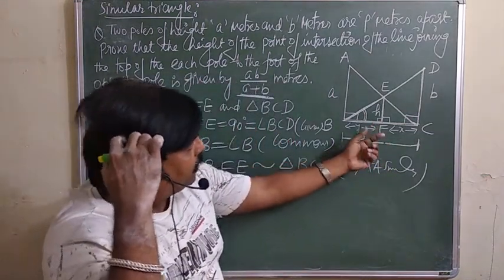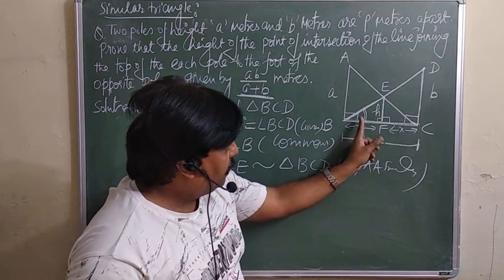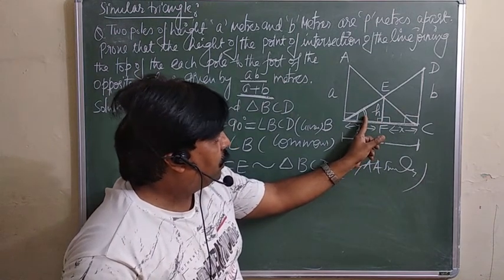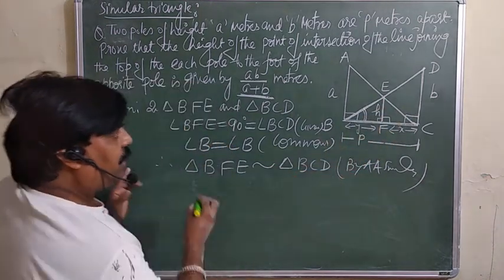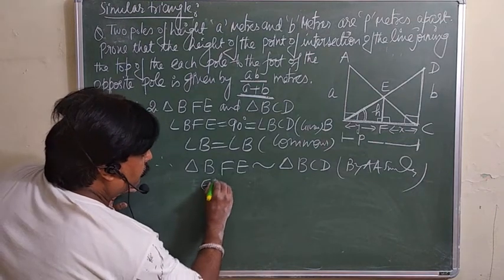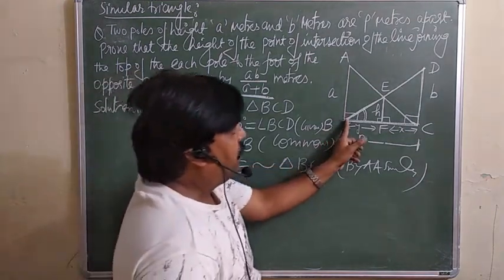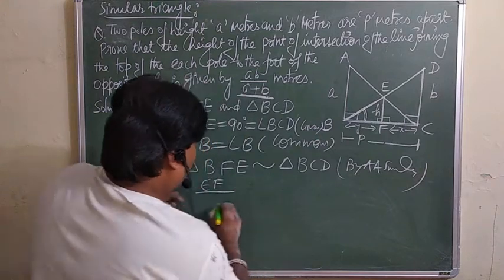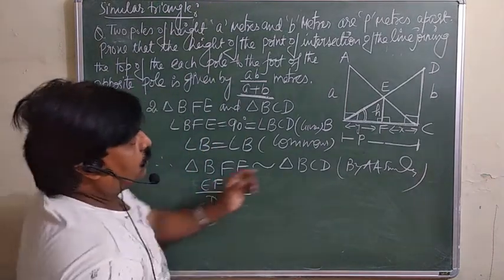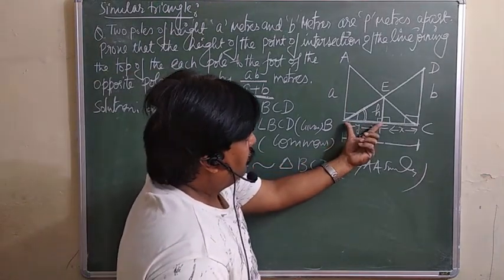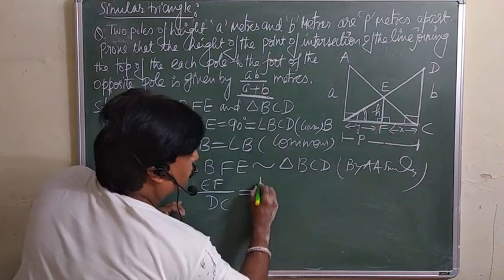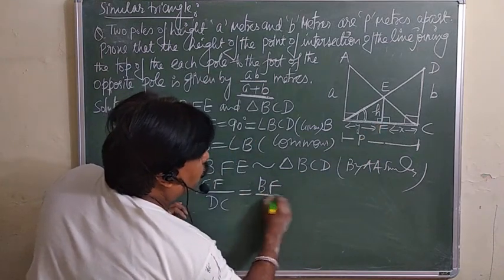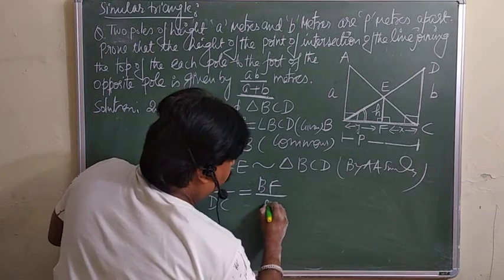So now you can take the ratio. We can take from the smaller triangle the side opposite this angle, EF, over the opposite side in the bigger one, DC, is equal to, similarly, BF over BC.